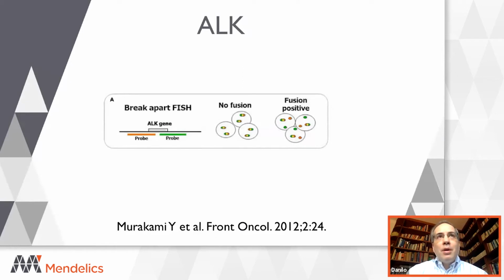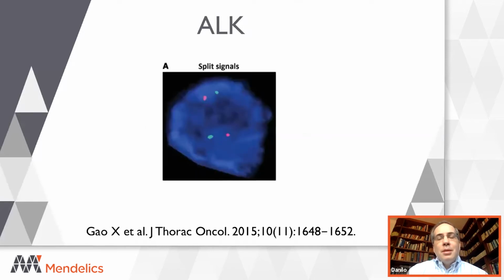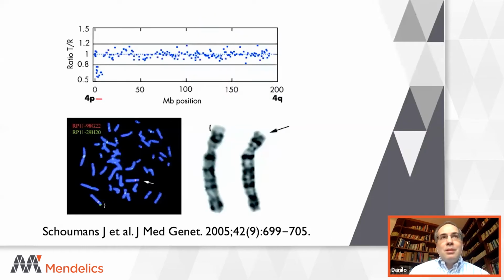We're looking for a break apart. If a fusion occurs in the ALK gene, then we will see the two signals of these two probes split. This would be my positive test. So I need to know what I'm looking for. I need to know the mechanism of disease.